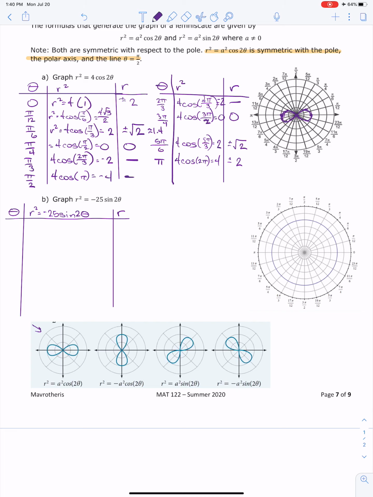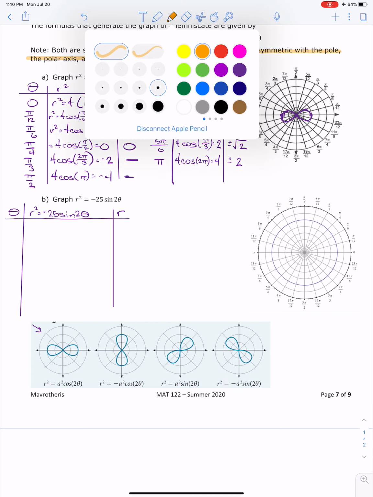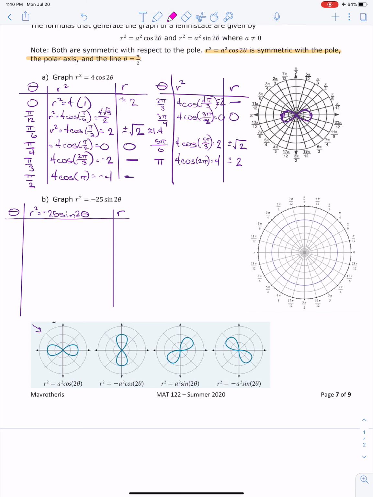Okay. Notice something else up top here, though. Our r squared equals a squared. Sorry, our a squared is 4, which means a is 2. Notice that that is the distance away from the origin that we went up here.